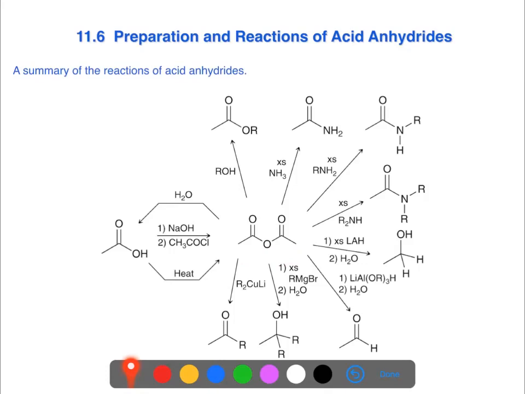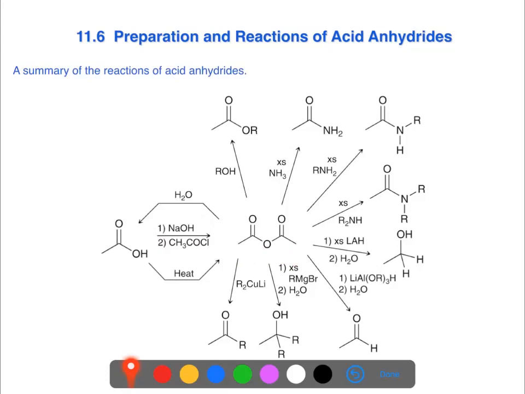So we saw we could use excessive heating, high temperature, to carry out a condensation reaction of one or a mixture of carboxylic acids to give us symmetrical or unsymmetrical acid anhydrides. Or we could convert a carboxylic acid to the carboxylate in the presence of a strong base, and then use that carboxylate ion to react with an acid chloride to generate the corresponding acid anhydride.